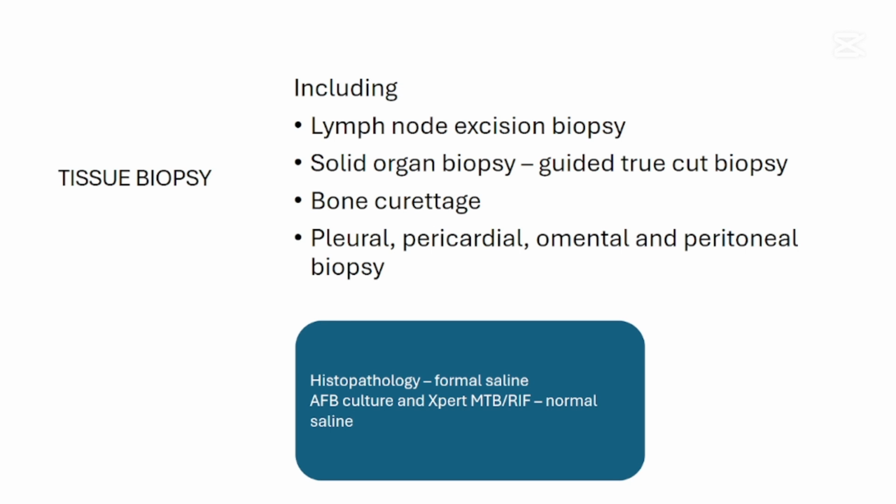As an example, when there is a lymph node, our surgical team excises it, puts the whole lymph node into formal saline and sends it to histology. The histology report comes as granulomas with certain cells, and they ask us to exclude TB, and they send us the patient with the biopsy report. And at that time, you don't have anything else.